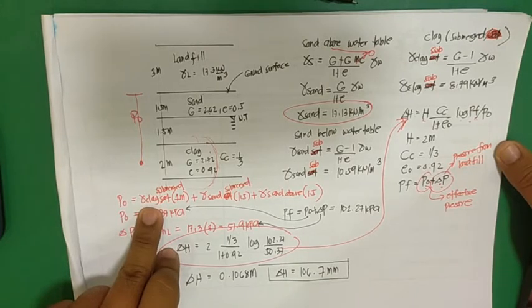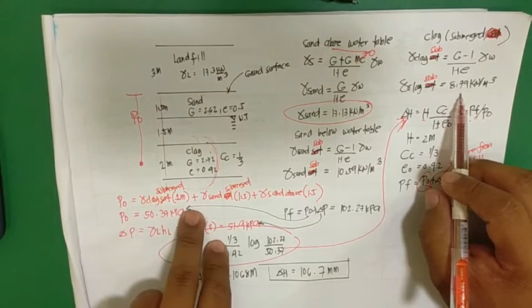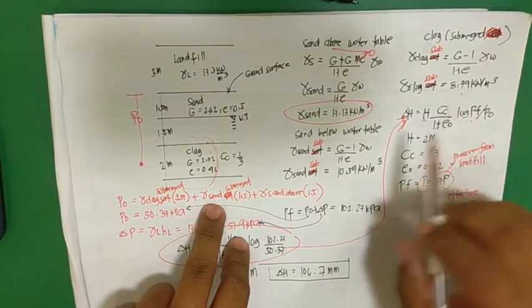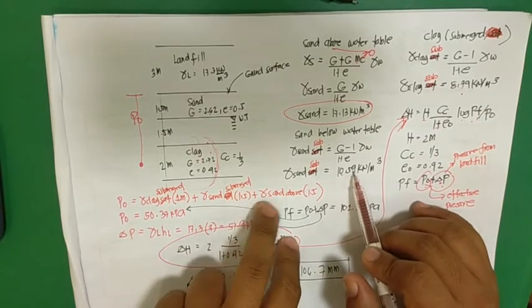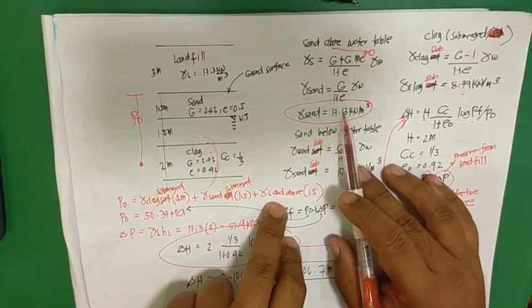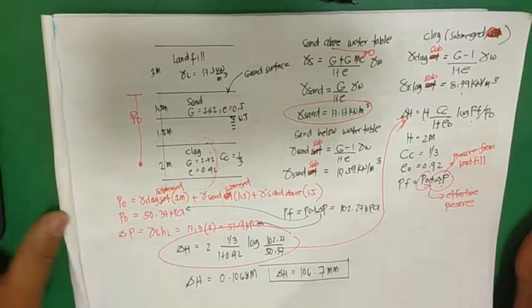Okay, times clay. So 8.79 times 1 plus gamma sand submerged 10.59 times 1.5 plus gamma sand 17.13 times 1.5 will give you 50.37 kPa. Okay?